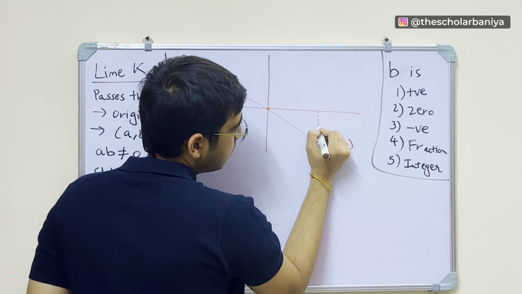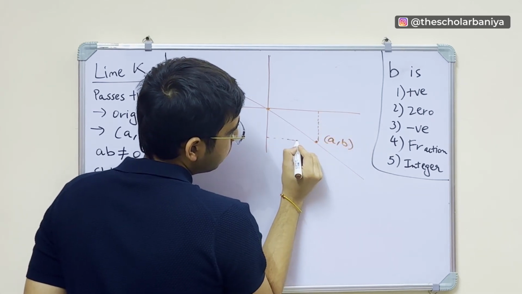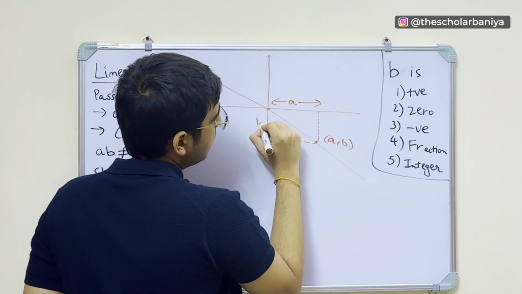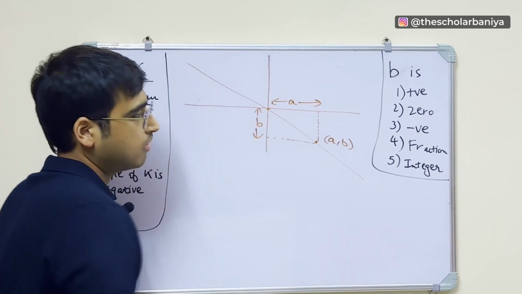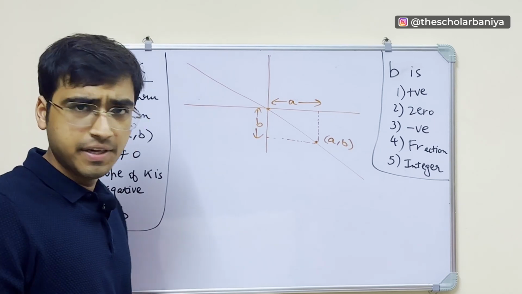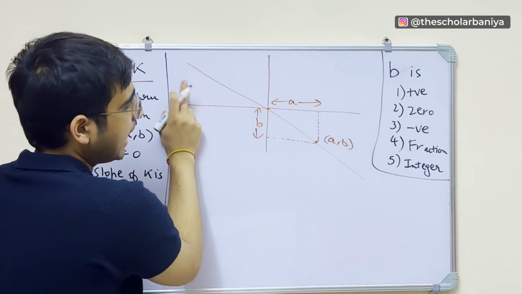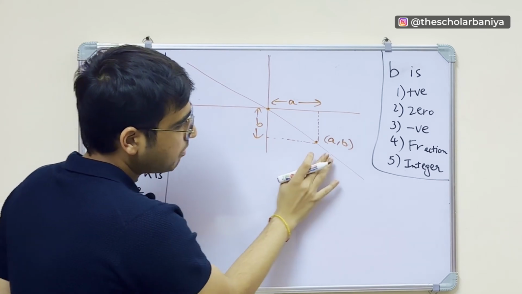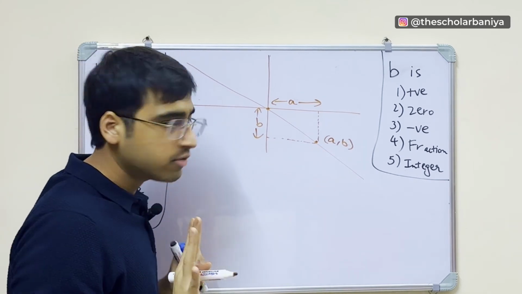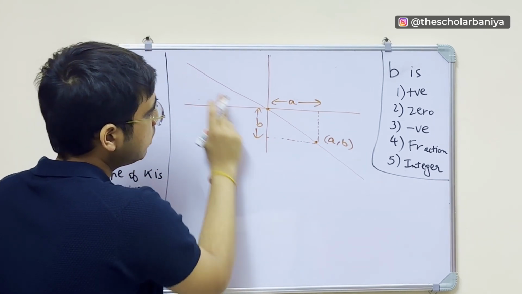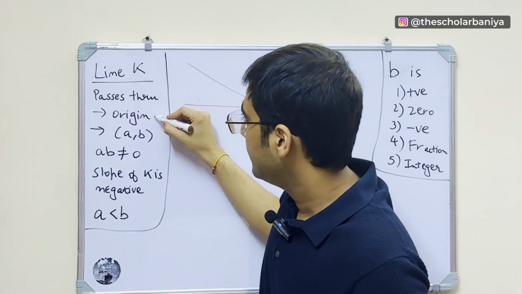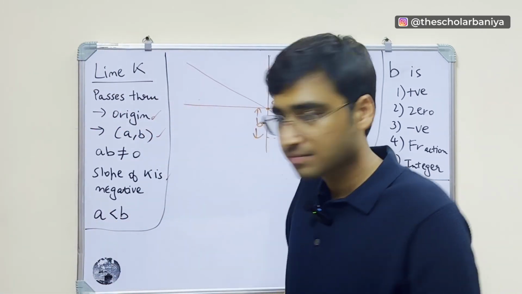So basically, this is A and this is B. I hope this should be pretty clear, right? So the line is passing through the origin. Perfect. The line is passing through A comma B. This is also fine. And the slope of the line is negative, right? So all the three conditions are satisfied.